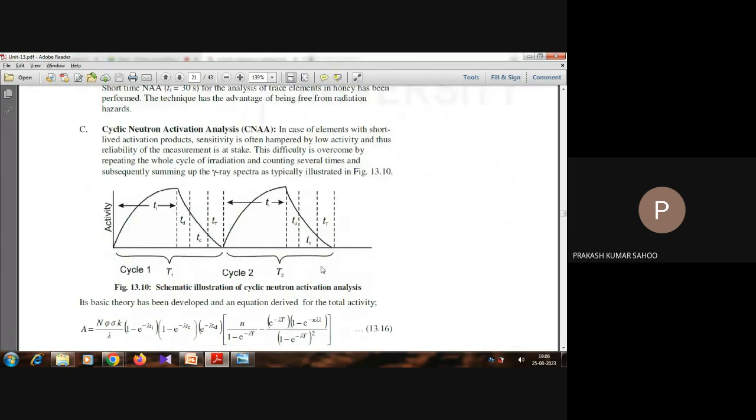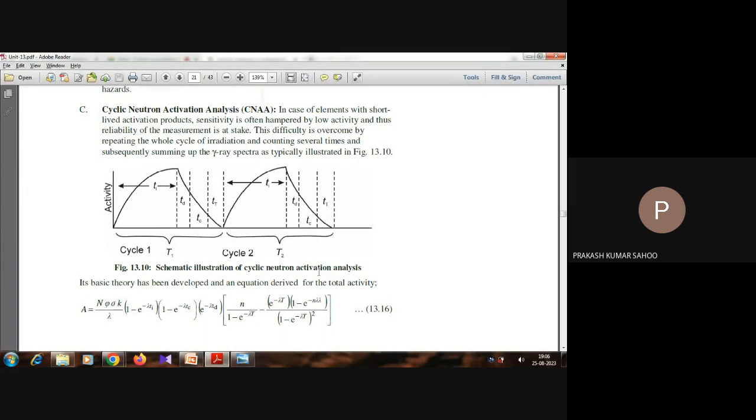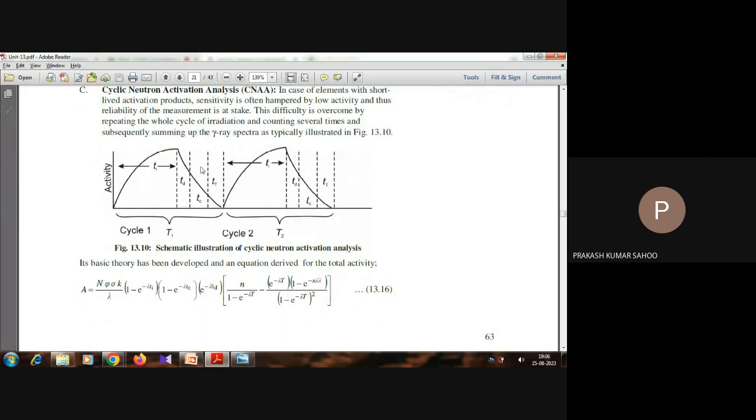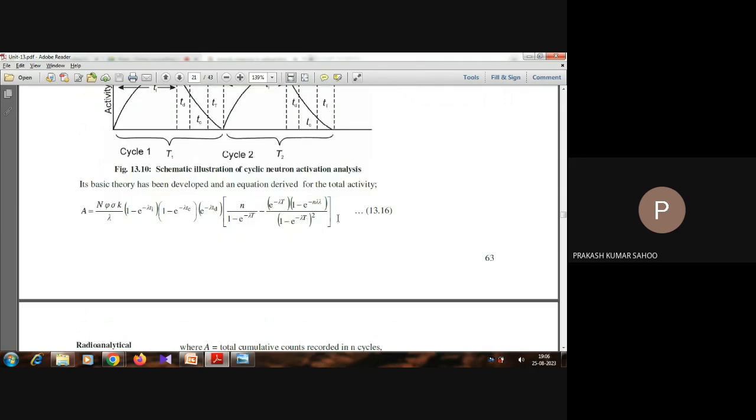Then we have cyclic neutron activation analysis, that is CNAA. There will be a cycle of transitions or radioactive disintegrations from target 1 to target 2. Some transitions will be there, and there will be equations like this.